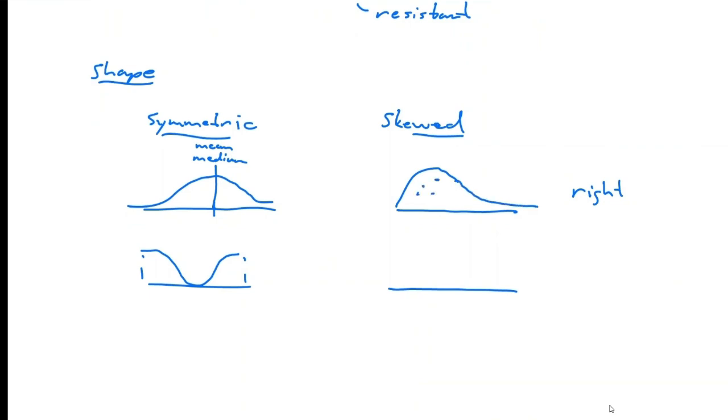So I've got a lot of data all over here, and then some data that just trails off to the right. Likewise, if it's skewed left, then that data is sitting on the right side, and it's being pulled off to the left. So all my data is over here, and then it just trails off to the left.